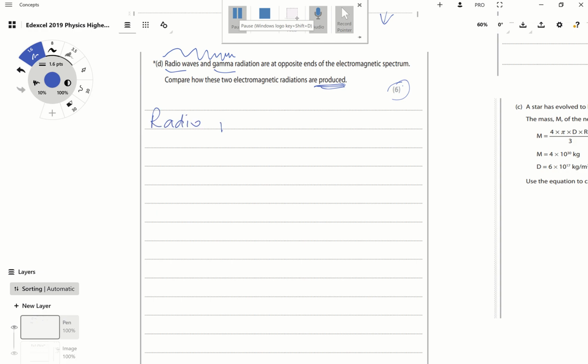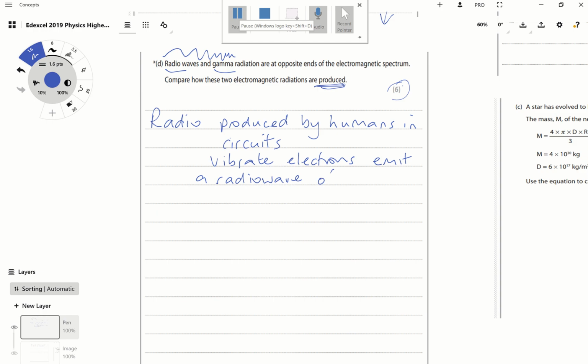So radio waves, these are produced by humans in circuits. We can vibrate electrons, and this will emit a radio wave of a given frequency.